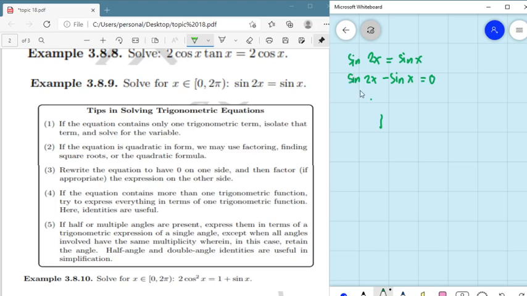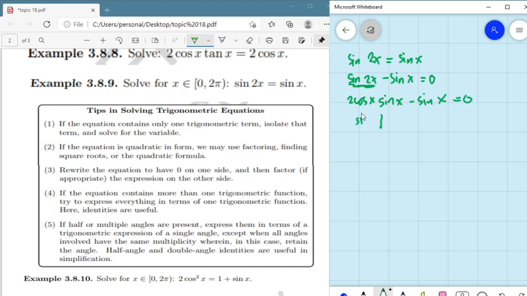So we cannot use factoring yet because they do not have the same value of theta. One is 2x and the other is x. So we need to give first the equivalent for sine of 2x. So using the sine double angle identity, sine 2x is the same as 2 cosine x sine x, right? Minus sine x equals 0.